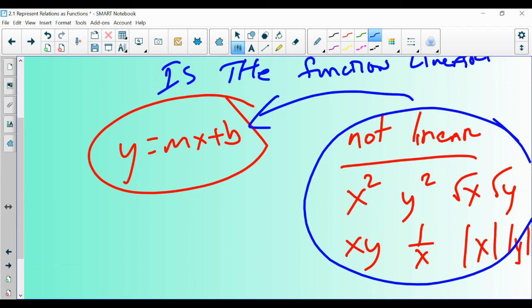Y equals mx plus b is very basic, traditional. There's a y and an x, and they're separate. Any of these things would be things that are not linear. I could add like x cubed or y cubed, where it's got a different exponent than squared. But those are the really common things that you would see that would be not linear. Also, if like x was up in the exponent, it was like 3 to the x, that would be not linear as well.